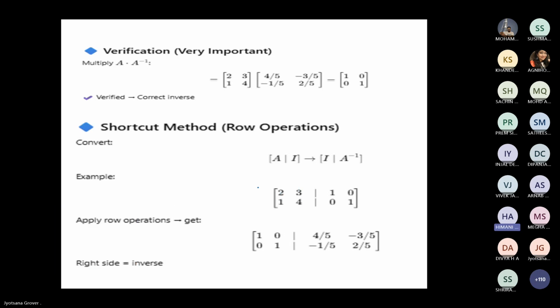R1 minus R2. Divide R2 by 2. Okay, R1 is R1 minus R2. So what will you get? Sorry, R1. So R1 is R1 minus R2. That's it, right? This is what you are saying.